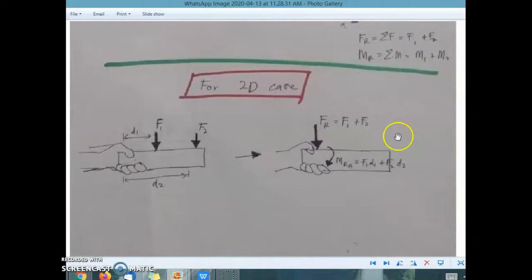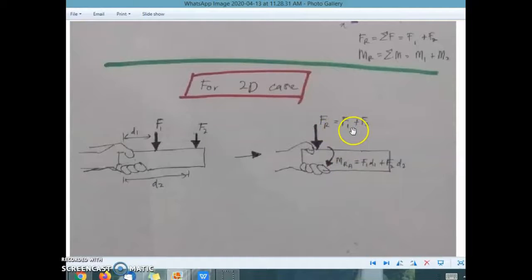The same goes for two-dimensional cases. If you are holding a ruler like this, instead of one force, there are two forces. The first force has a line of action here, and the second force has its line of action in 2D. These two will produce a moment and a force. So you can replace these two forces and moment with a single force and single moment, which is F resultant and M resultant.